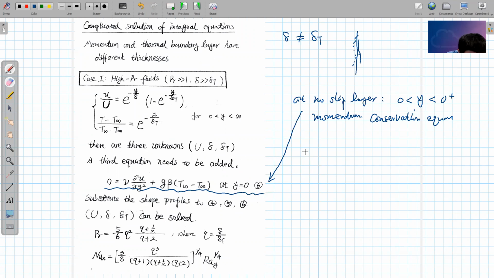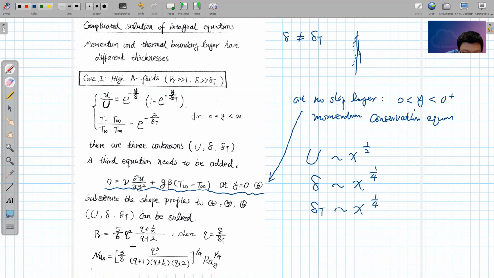The textbook basically says that this big U value, this unknown value, changes with x to the power of 1 over 2, and this delta value changes with x to the power of 1 over 4. And this delta t also changes with x to the power of 1 over 4.